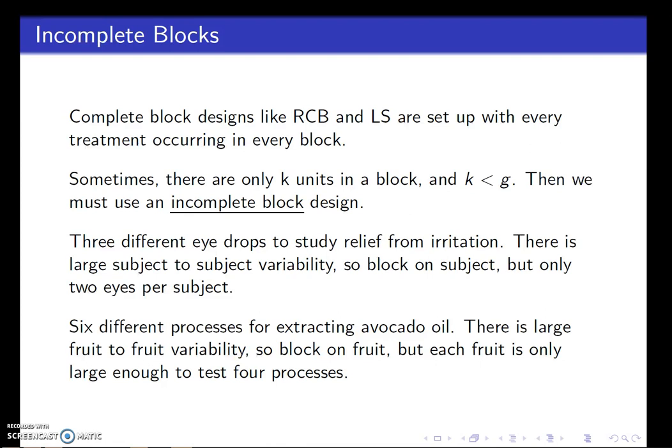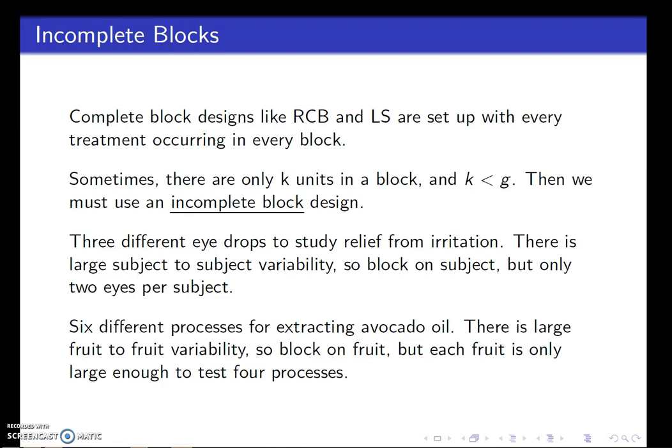So think about scenarios like this. 3 different eye drops are being studied to test relief from irritation. There's a lot of subject to subject variability, so people respond differently to these eye drops, as you might expect. So we need to block on subject, but I think we all know we only have 2 eyes each.